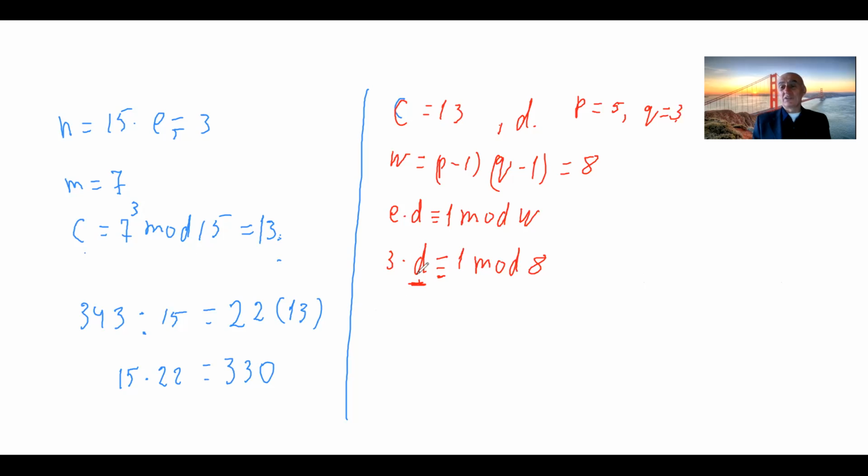In Irakli's opinion, D is 3. 3 times 3 congruent 1 modulo 8. It's absolutely true. It's a little confusing that E and D are both the same. It happens very often when we have small prime numbers. But don't pay attention, no problem.